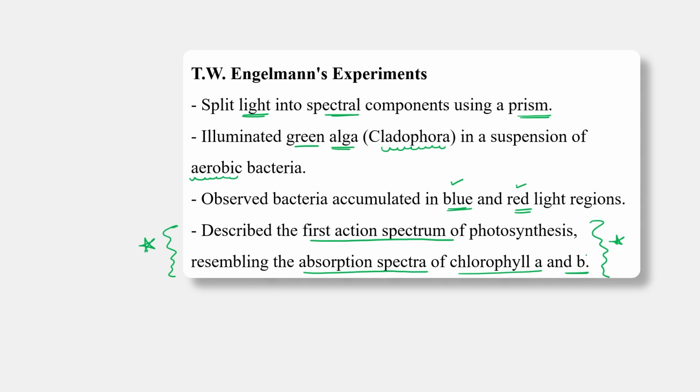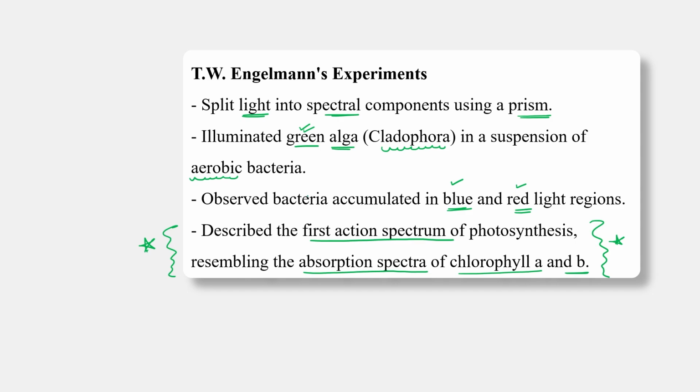Okay, he split the light using a prism and illuminated that split light on the green alga Cladophora in a suspension of water. Right, these green algae are present in the water, in a suspension of aerobic bacteria. So aerobic bacteria are able to grow in blue light and red light.